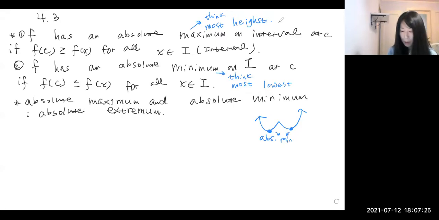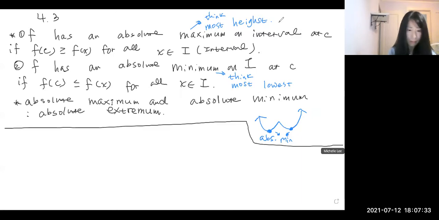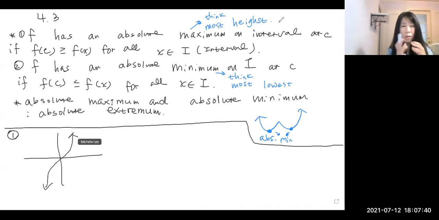So let me draw so we understand graphically. Okay, there's an arrow that means keep going infinity, keep going negative infinity, right? So is there absolute maximum or absolute minimum?